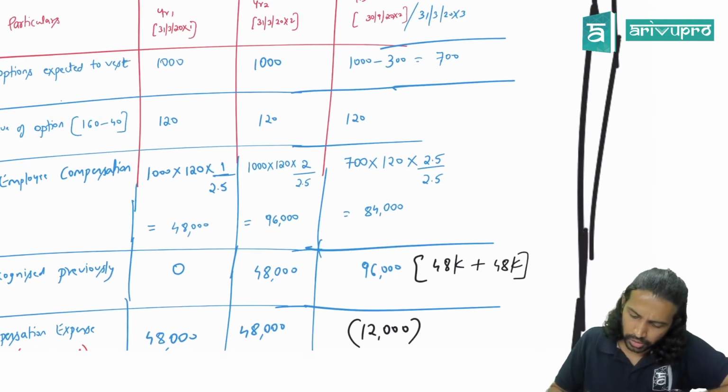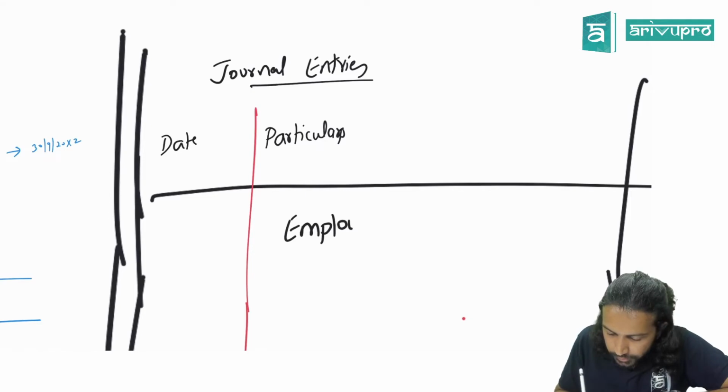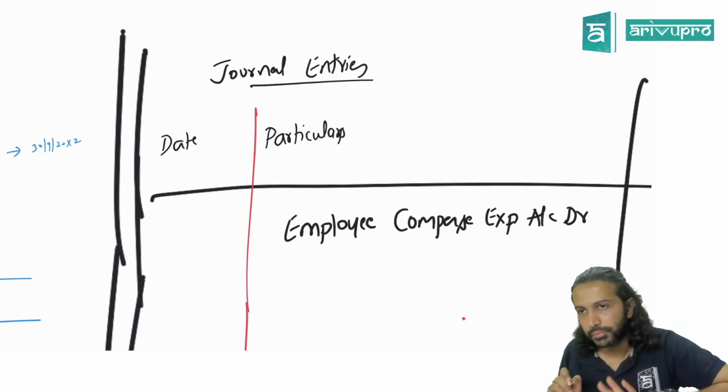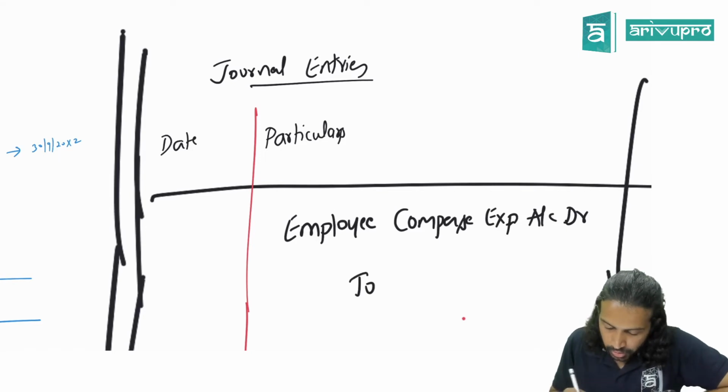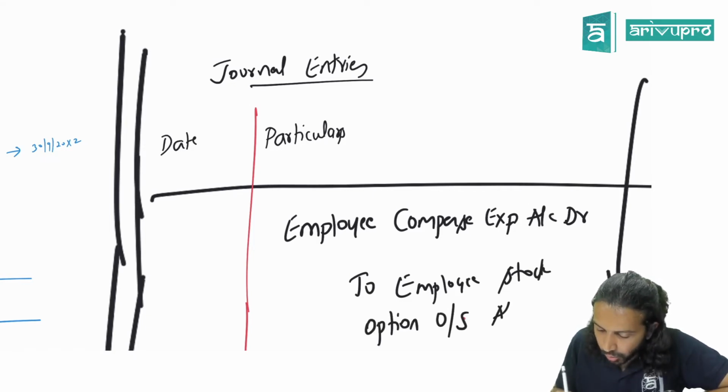Expense means nominal account. The rule says debited. So as the first journal entry, I'll write: employee compensation expense account debit. Then one dummy will be created. The name of the dummy you already know: employee stock option outstanding account.